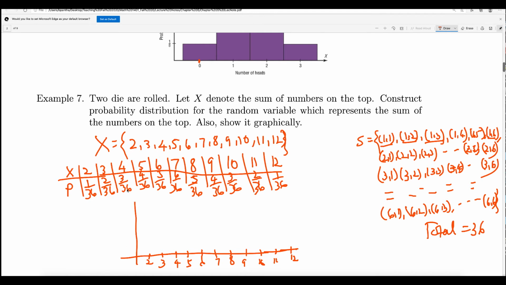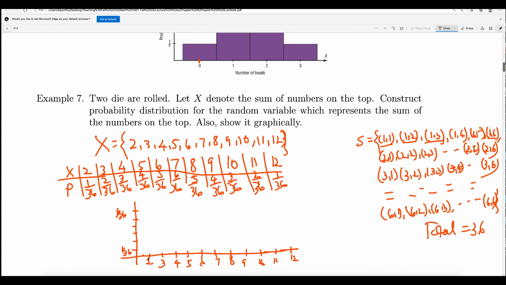What is the highest probability? It is 6 over 36. Then we mark 1 over 36, 2 over 36, 3 over 36, 4 over 36, 5 over 36, and 6 over 36. Now how many have sum 2? The probability is 1 over 36.